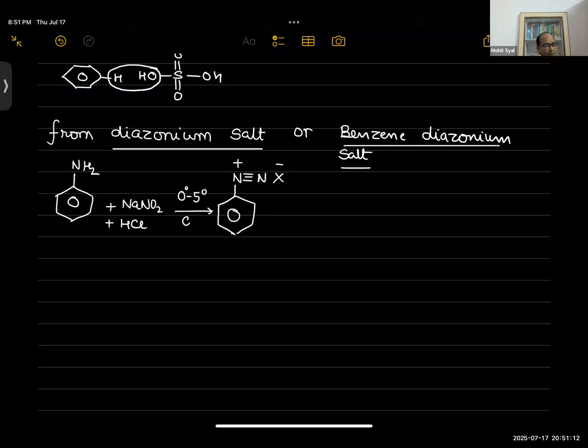So you need to keep the temperature between 0 to 5 degrees Celsius. If it is HCl, then X is Cl. If the acid which you have taken is H2SO4, then it is HSO4. Got it? Is it clear to everyone? Any doubts in this?